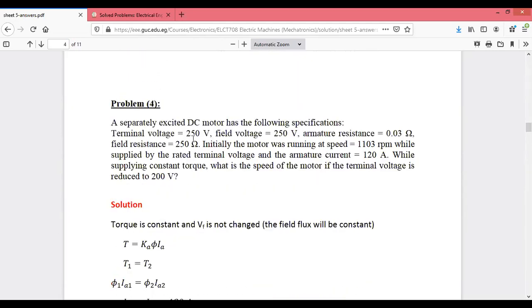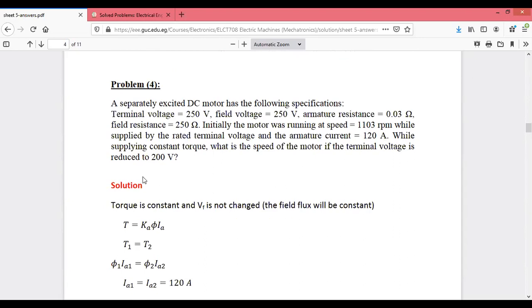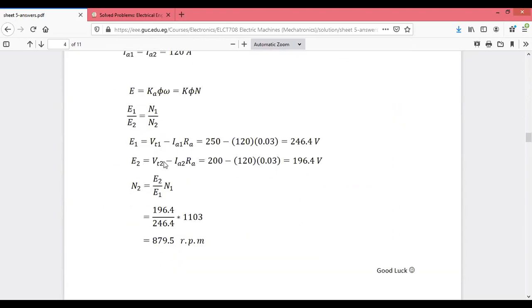First you are supposed to take the terminal voltage as 250 volt, but when you consider constant torque, you are supposed to find the speed when the terminal voltage reduces to 200. So your equation will become V minus IA RA. VT2 you take as 200, and VT1, the terminal voltage, you can take as 250 volt. But here the current value is the same, the current is not different.